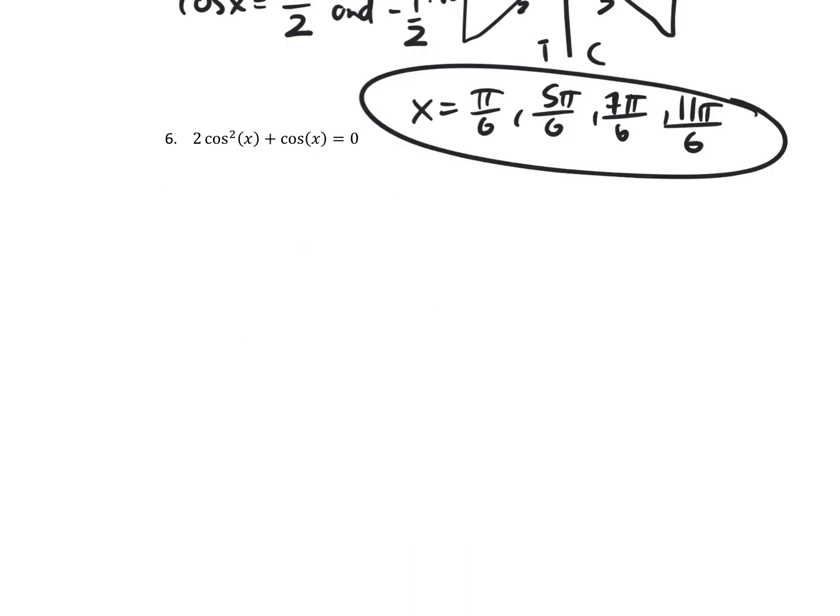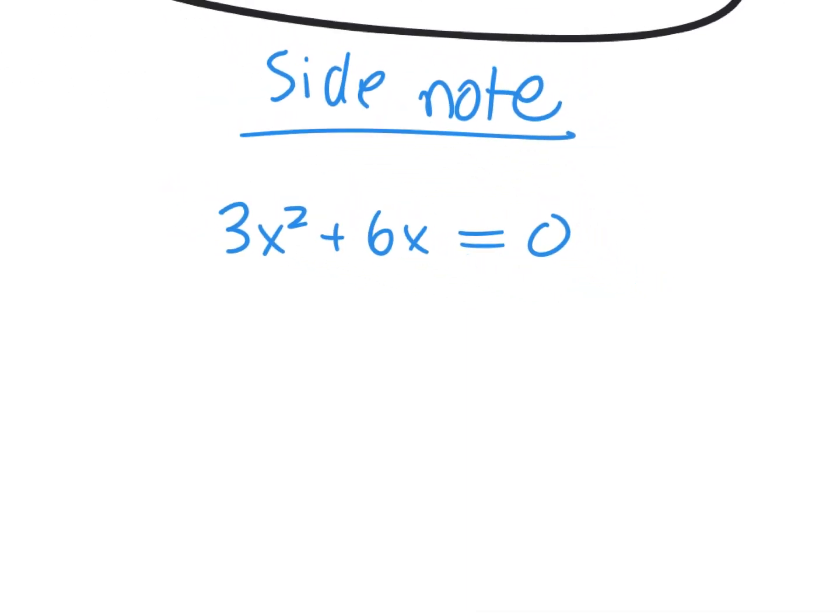Alrighty, for this next one, I think the most difficult part about this problem is seeing how to factor it. So over to the right here in blue, I'm going to do another side note, and I just want to reference this idea of having 3x squared plus 6x is equal to 0. How would we factor that? Well, we would factor out a GCF.